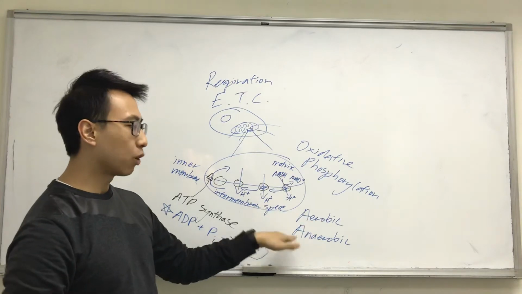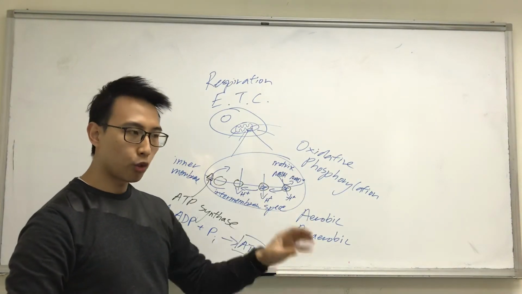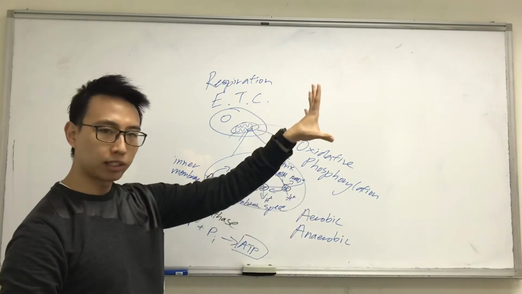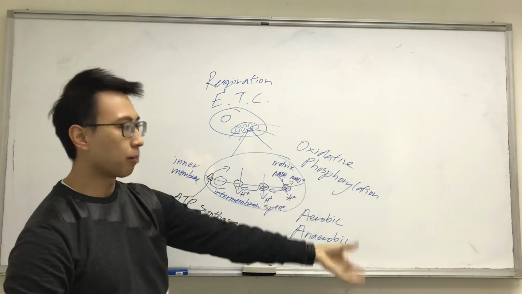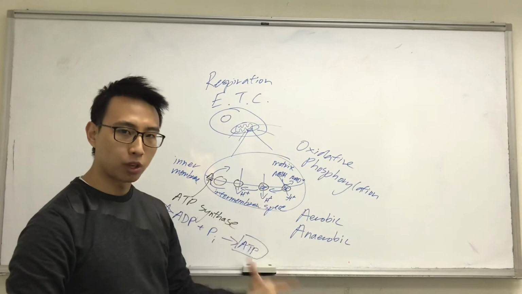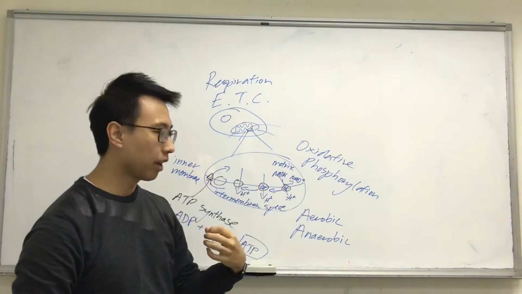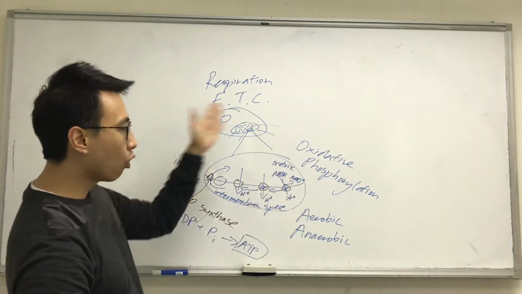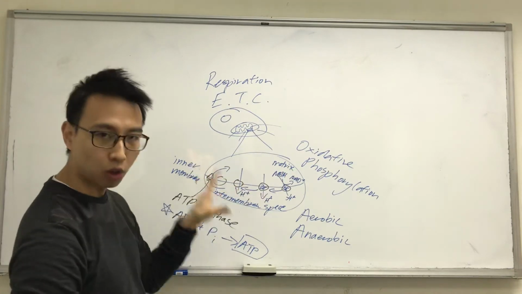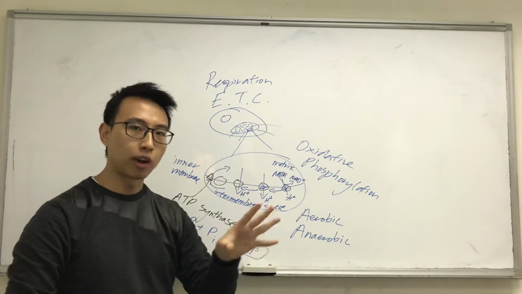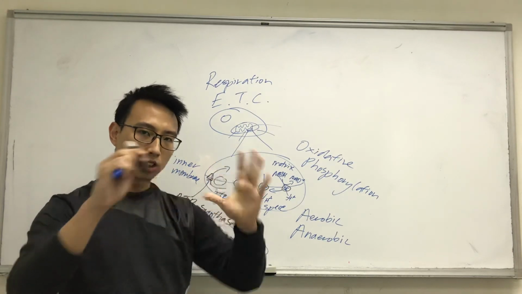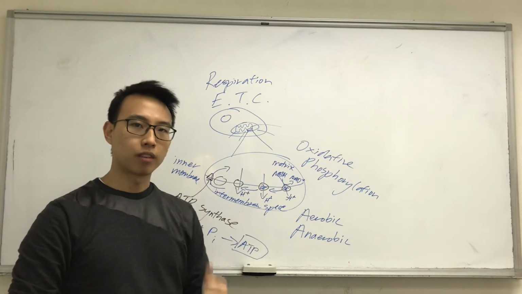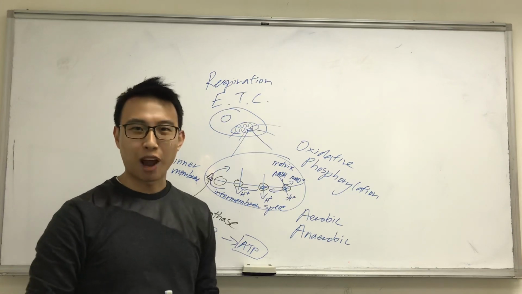But if you're doing anaerobic respiration, you will limit it to your glycolysis, and then your pyruvate will further become lactate, or ethanol and CO2, depending on whether you're a plant or animal. You see that with this whole process, you will be able to unlock the energy inside organic compounds, such as glucose, for ATP synthesis. And this is the core concept in the ETC. Thank you for watching. Remember to subscribe.